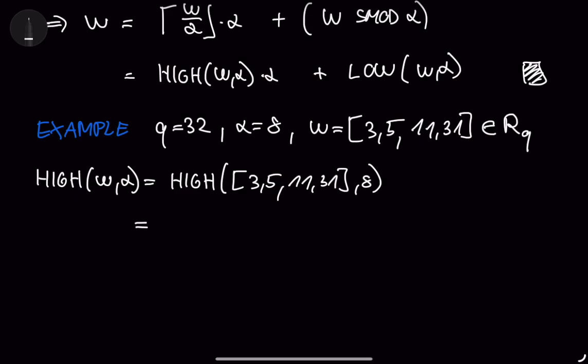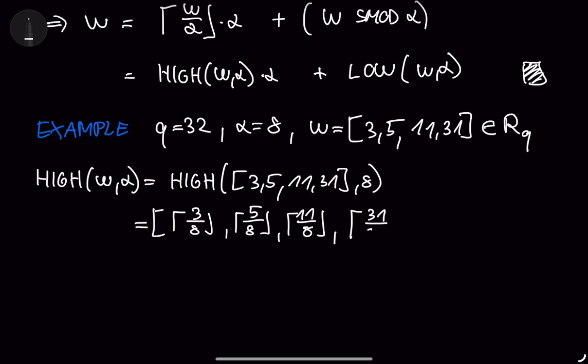So divided by 8 and then rounding. So we have 3 divided by 8, 5 divided by 8, 11 divided by 8, 31 divided by 8.